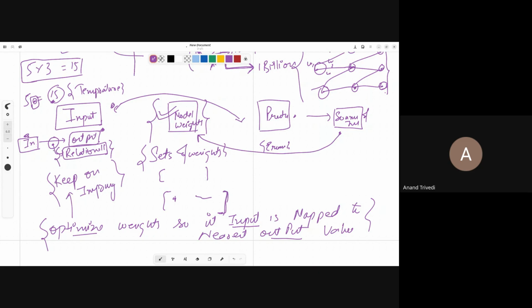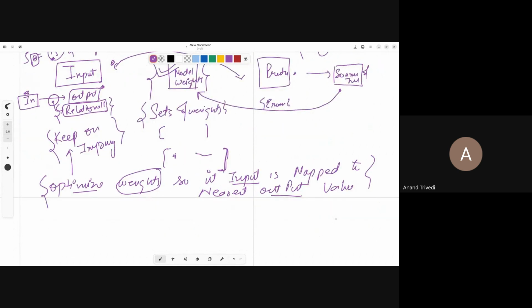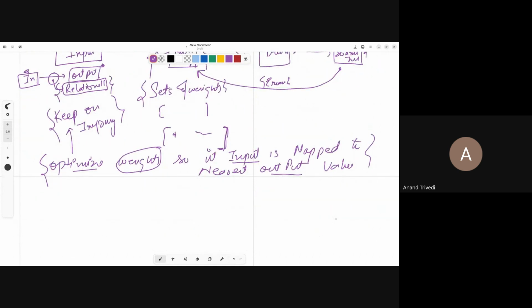It is all about finding the right formula: keep on improving the weights so that the input is mapped to the nearest output value. Like I said, it is not going to be approximate. If, let's say, I'm trying to predict some temperature and the temperature is 27.3, then it might be predicting 26.9.